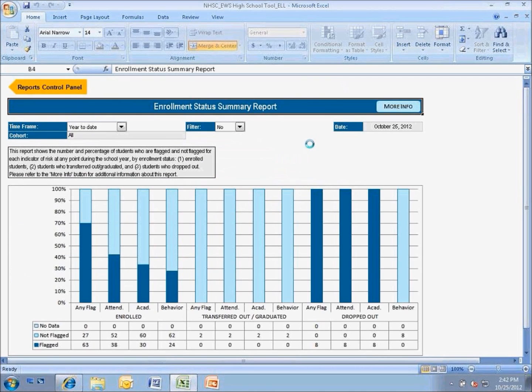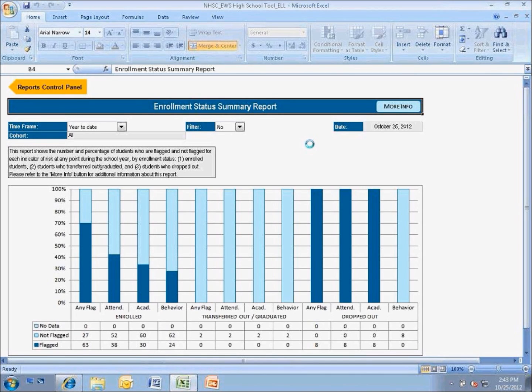What this report is, is just a graphical representation of all students who were in the school during the year, and it shows you the number of students in each of these 3 categories: enrolled, transferred out or graduated, and dropped out, that are flagged by the tool as at risk.